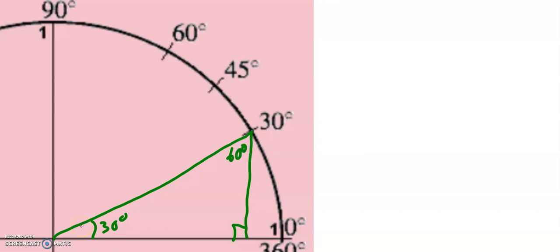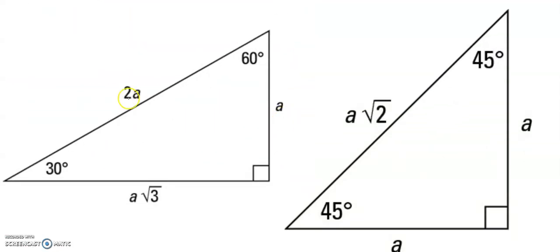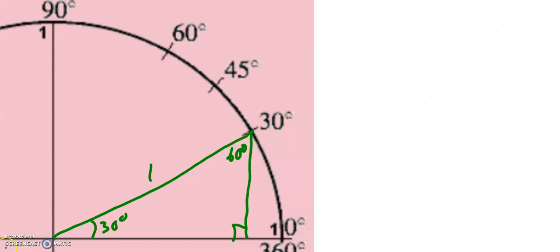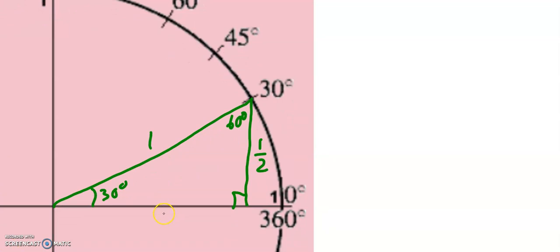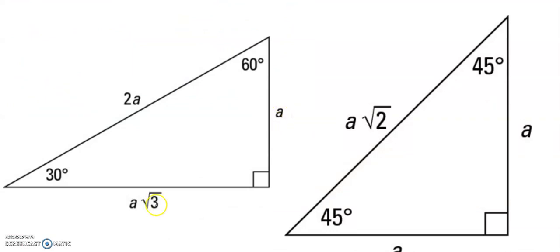But if this is the unit circle, what do we know the hypotenuse is? Well, the hypotenuse represents the radius of the circle. What is the radius of the unit circle? That's 1. But remember, this side here is going to be half of that. And I know that because if I look at my 30, 60, 90 triangle, if this is 2A, then this is A, right? So what is 1 over 2? That's 1/2. If that's 1/2, then this side is going to be that number times root 3.